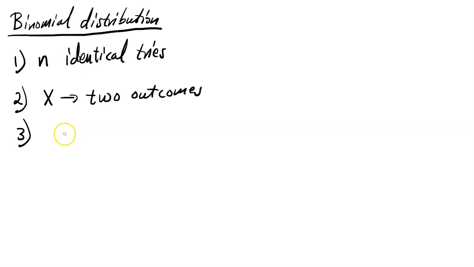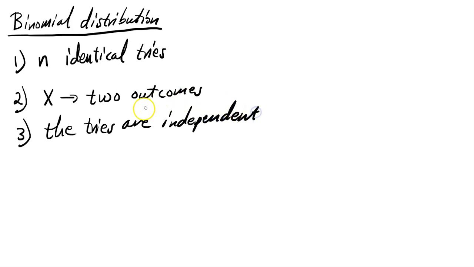And the third condition is that each of the tries should be independent. That means that whatever you do in the first try doesn't affect the second try. For example, if you throw a die several times, what you get on the first throw doesn't affect in any way what you get on the other throws.